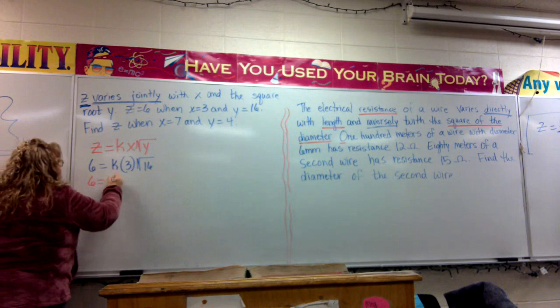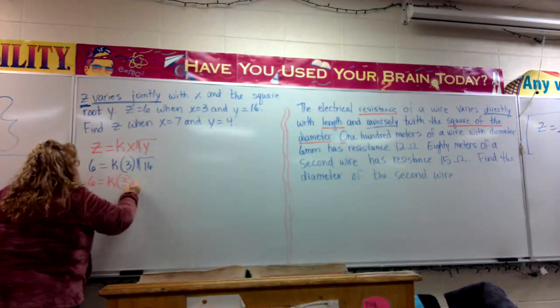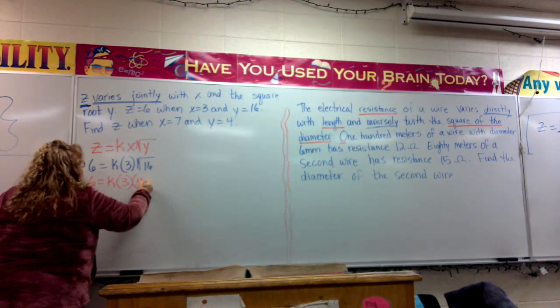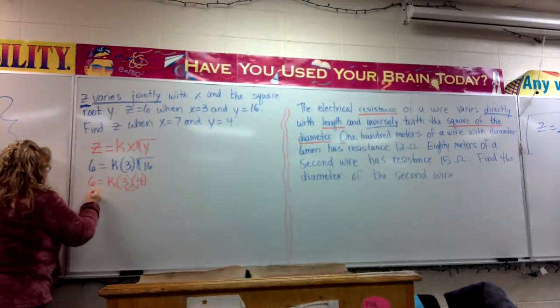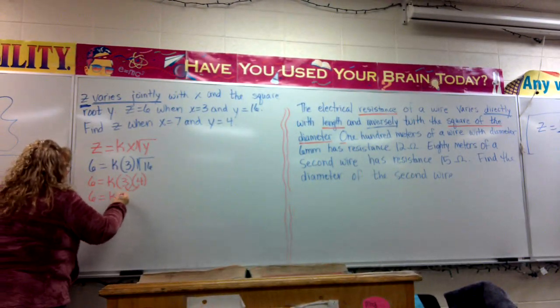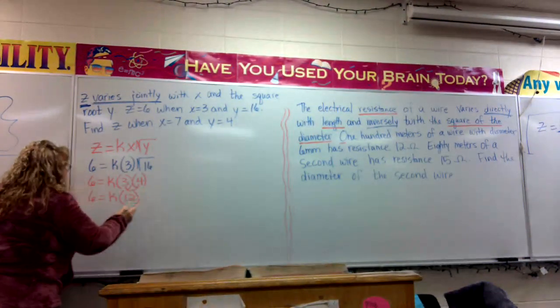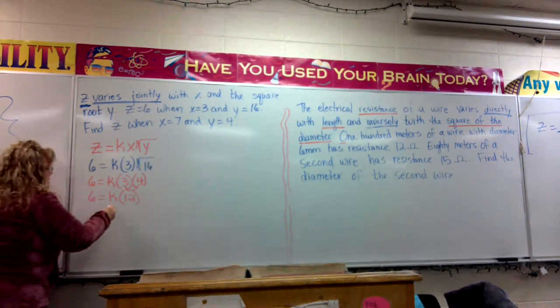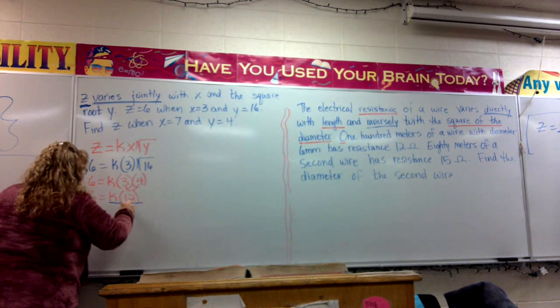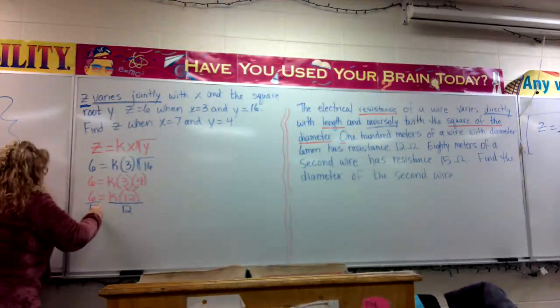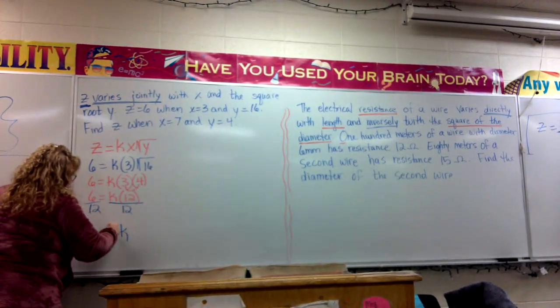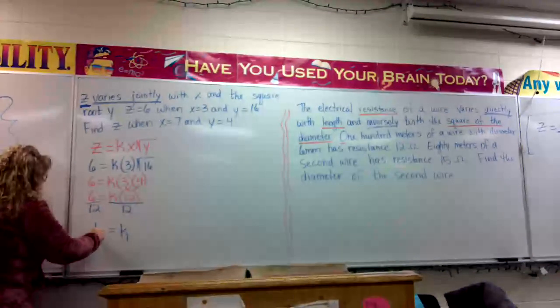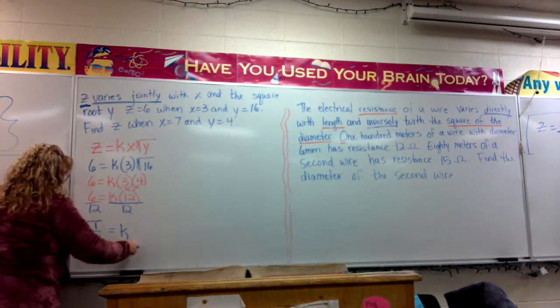So I get 6 equals k times 3 times the square root of 16, which is 4. Multiply. K times 12. How do you finish it up? Divide by 12, divide by 12. What do you get for k? 1/2 or 0.5?